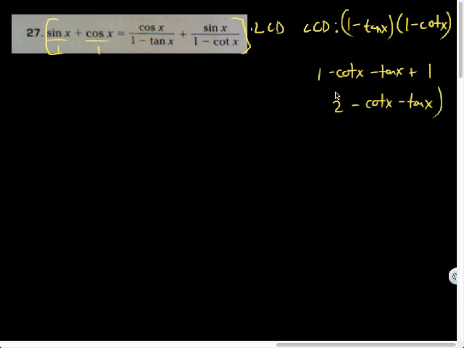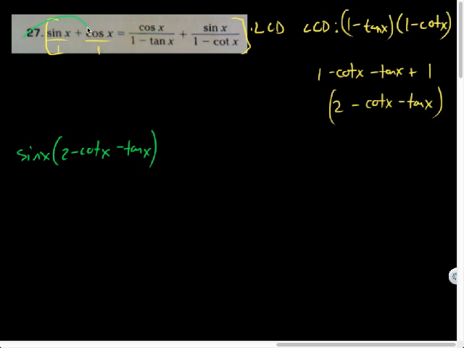So I might just use this as an alternative for this side, just because I figured I'd pre-simplify some of that. So let's see, multiply this by sine x. I'm going to get that times sine x. I don't even know if I'll have enough room here. Let's see, I'll write it down here. Sine x times 2 minus cot x minus tan x.